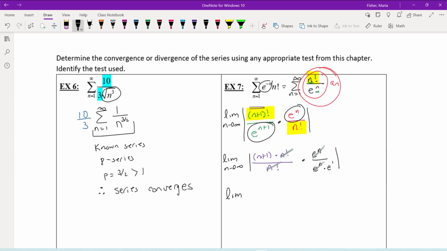That leaves you with the limit as n goes to infinity of the absolute value of n plus 1 all over e. Well, what's the limit as n goes to infinity of n plus 1 over e? Well, that's going to be infinity divided by e, the number, and infinity divided by a number is equal to infinity. Since we got infinity, we know that therefore by the ratio test, our series diverges.